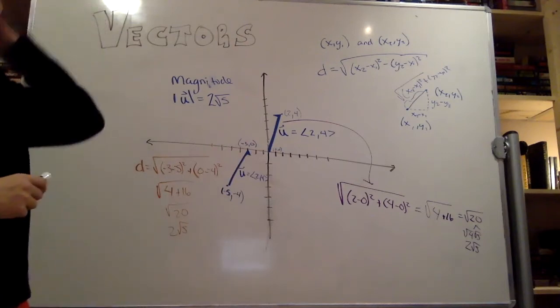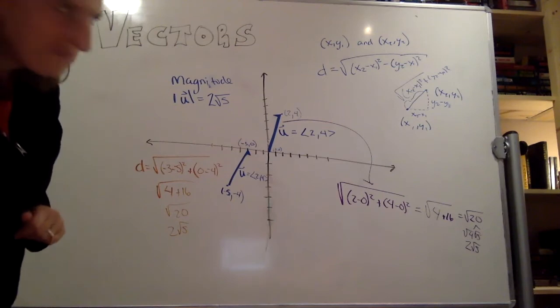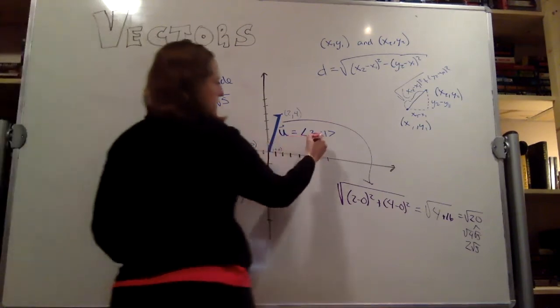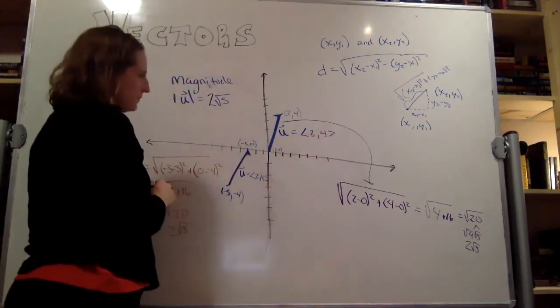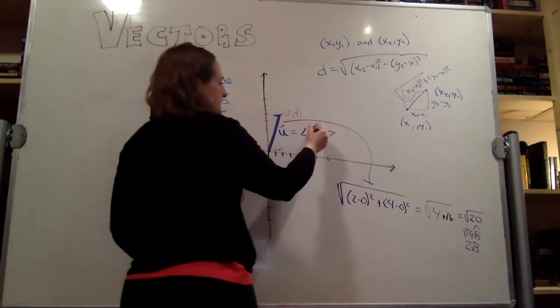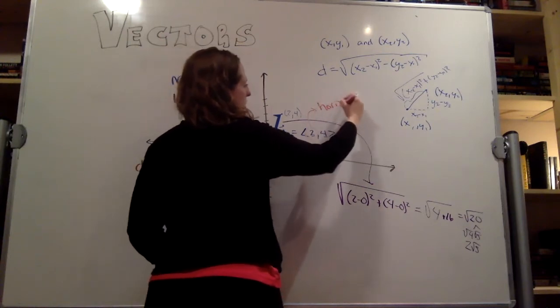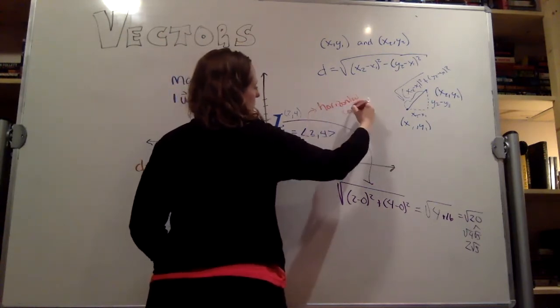Okay. So the other thing that I've kind of glossed over is I keep calling these things the components of the vector. Well, where do those things come from? We often think of this first component as the horizontal component of the vector. Why?